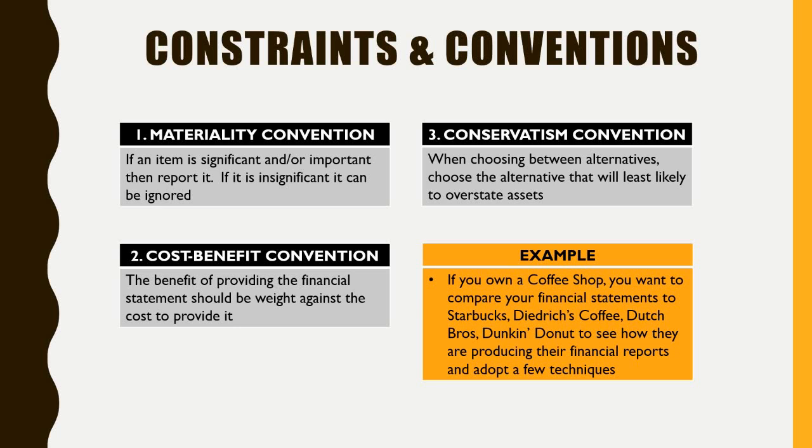Why do you need to make sure if this is going to affect your assets? You don't need to make that decision. Your only job is to record. So you're being told what to do. Why do you need to make alternative decisions? Why do you need to choose the one that's least likely to, because of the way it costs? You're not responsible for this. And on top of that, you're not responsible to create your financial statements based on someone else's. Your job isn't to compare your financial statements to other people.